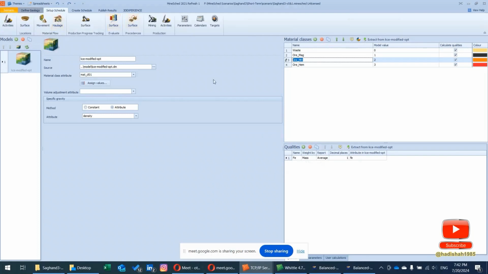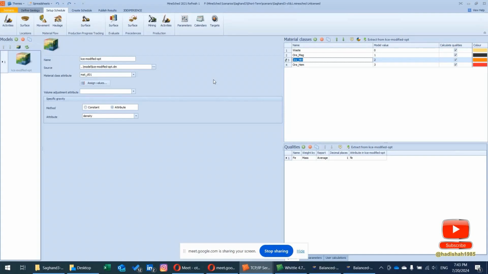Again, like what we did for strategic planning, one of the main input data is the resource block model or the grade control block model. When we use tactical planning, especially for short term scheduling, it's better to use the grade control block model rather than the resource block model or reserve block model.